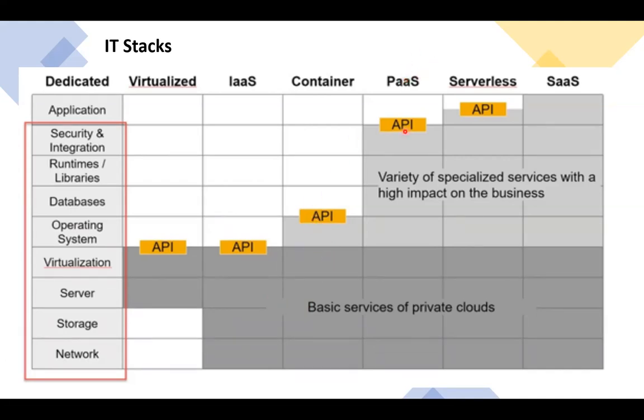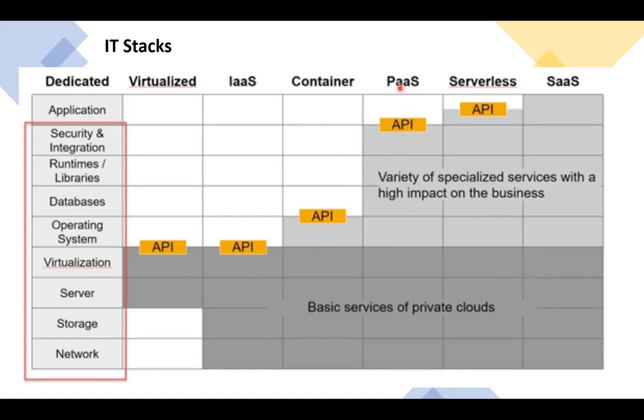Then they moved to PaaS. So if you see this PaaS, platform as a service, it contains database, runtimes, libraries, security and integration, all these services, storage, server, everything. From network to security and integration, we have everything included in PaaS.